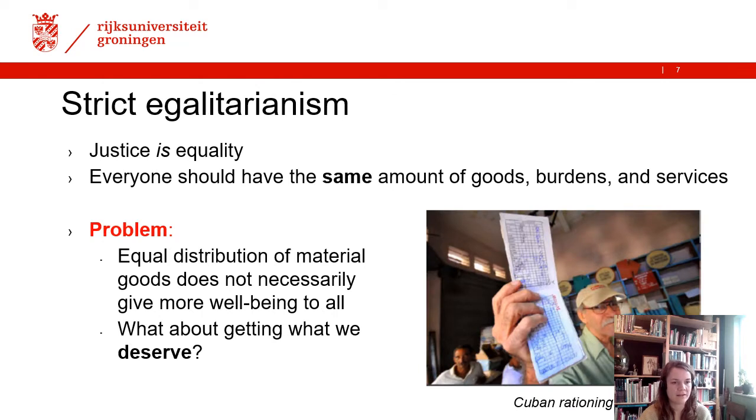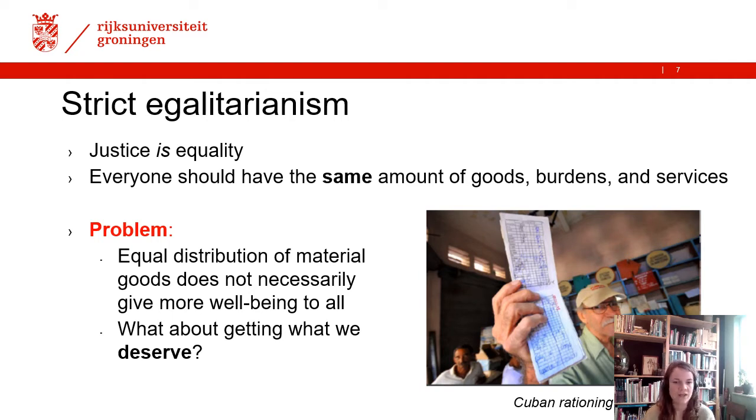So let us look at this position of strict egalitarianism. I already mentioned that from an egalitarian point of view, justice is equality, right? So if you want to have a just distribution of goods, of services, of burdens, then that implies from a strict egalitarian point of view that everyone should have the same amount of goods, burdens, and services.